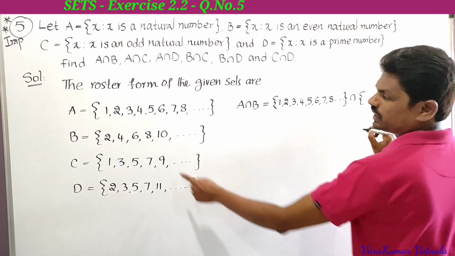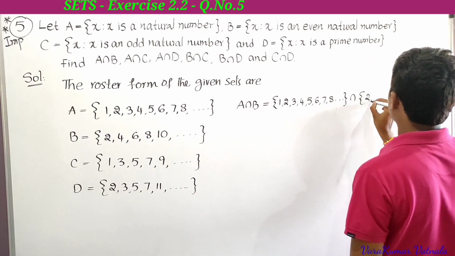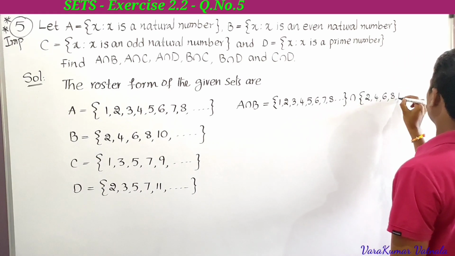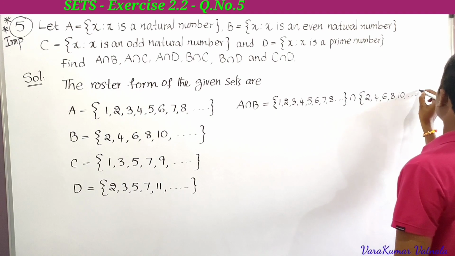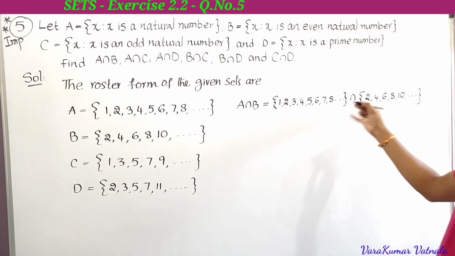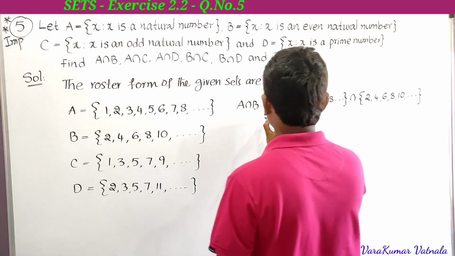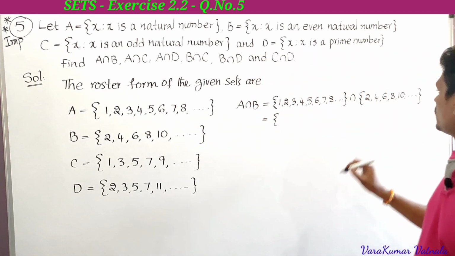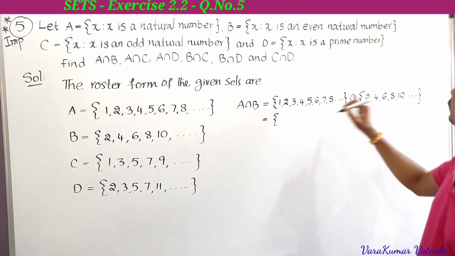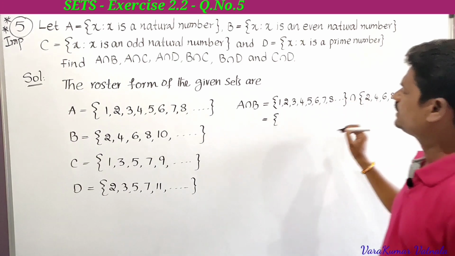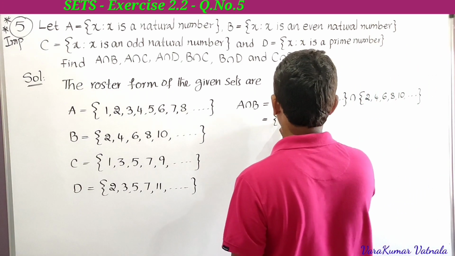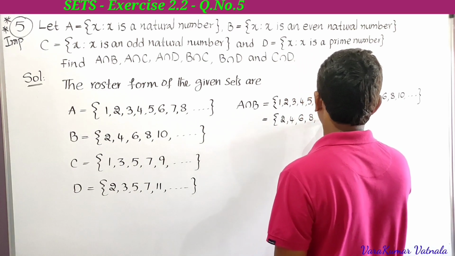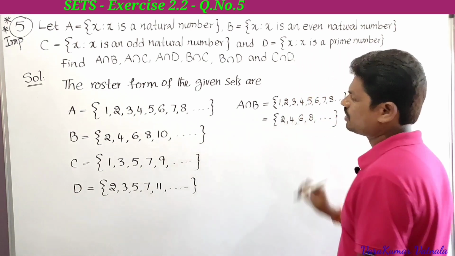What is set B? 2, 4, 6, 8, 10 and so on. This is A intersection B. For intersection, you just write only the common elements. What are the common elements? 2, 4, 6, 8 and so on. These are the common elements.